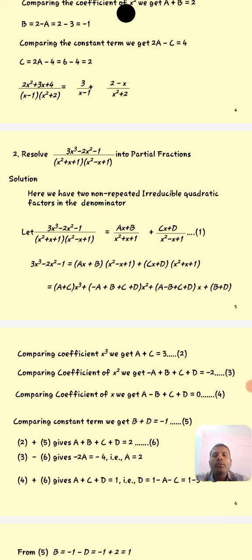We have two non-repeated irreducible quadratic factors in the denominator. You observe the denominator, two quadratic factors are available. So how to write the partial fraction format?